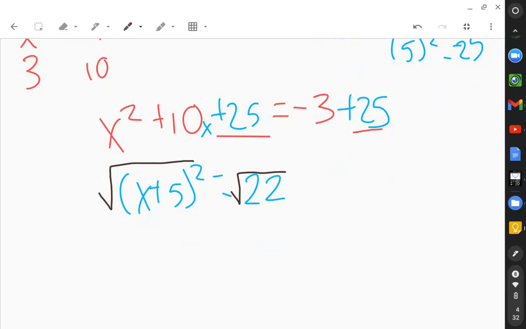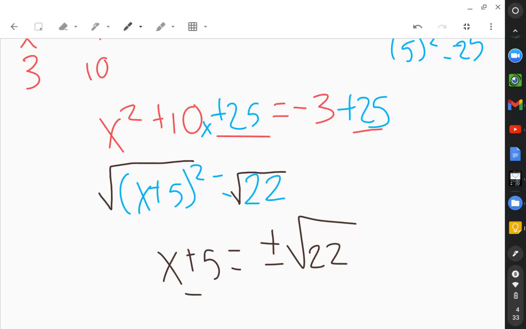And so removing the square, we're going to get x plus 5 is going to equal plus or minus square root of 22. Finally, subtracting 5 from both sides, x is going to equal negative 5 plus or minus radical 22.